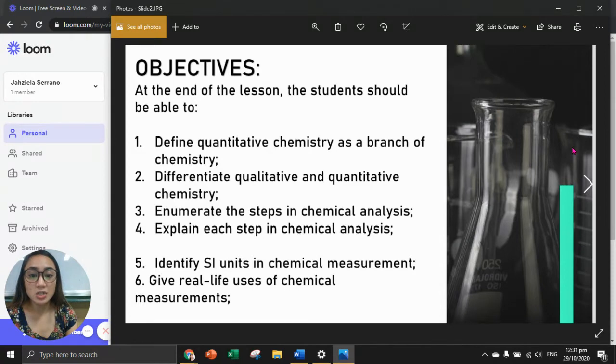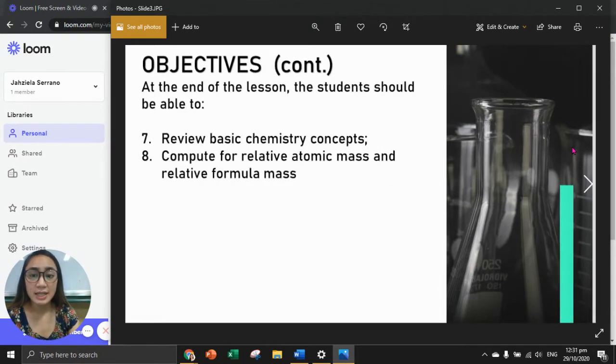Four, explain each step in chemical analysis. Five, identify SI units in chemical measurement. Six, give real-life uses of the chemical measurements. Seven, review basic chemistry concepts. And lastly, compute for relative atomic mass and relative formula mass.